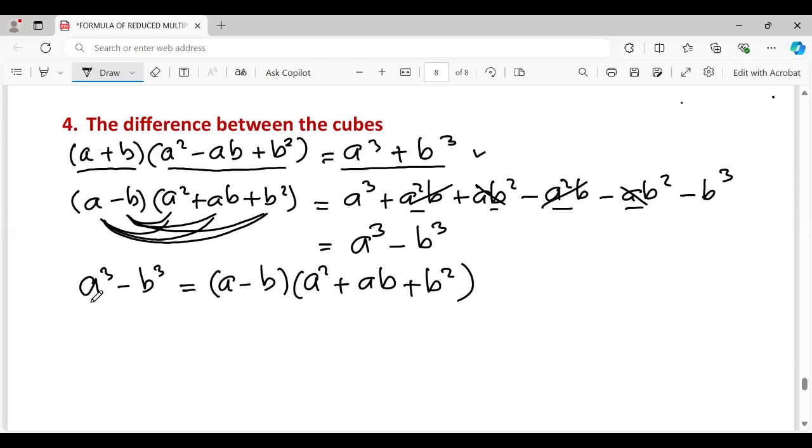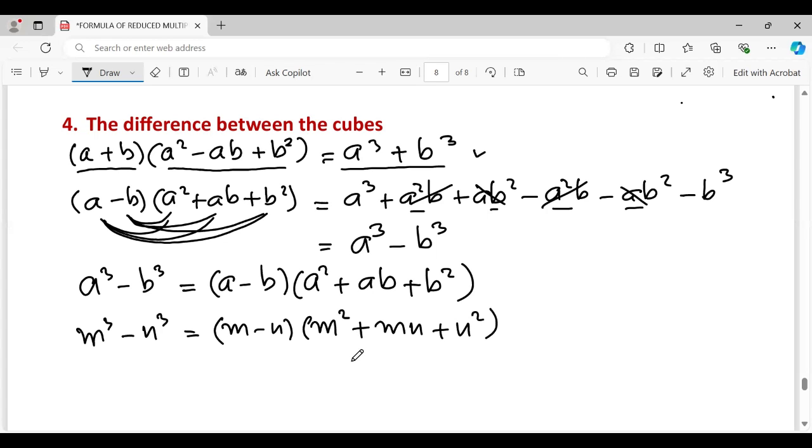Meanwhile, if a cube minus b cube, you can expand it into this expression. So how about if m cube minus n cube? We can state it as (m minus n) multiply (m squared plus mn plus n squared).